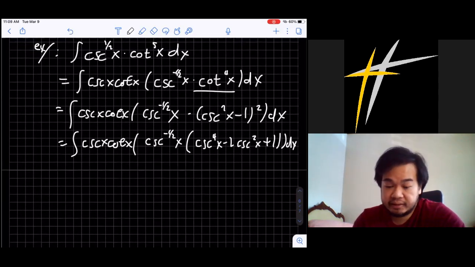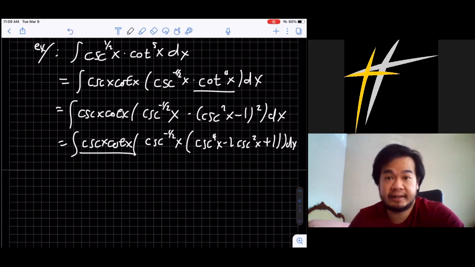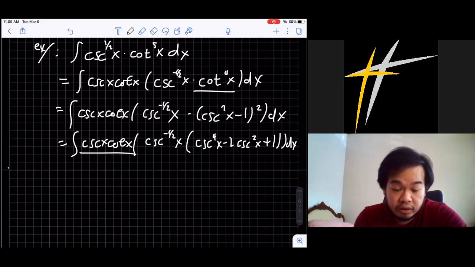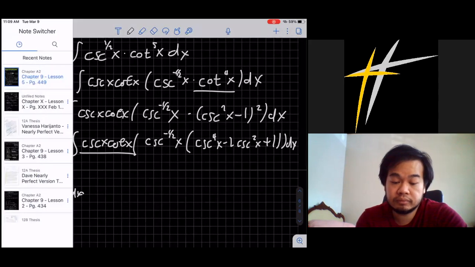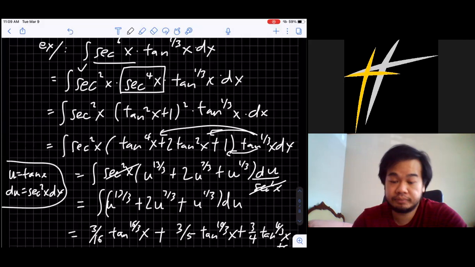Okay, and then for this one, why do I separate cosecant cotangent? Because cosecant cotangent is the derivative of the inside function. If I use the algebraic substitution method, u equals cosecant x, right? So the du is equal to negative cosecant x cotangent x dx. Yeah.